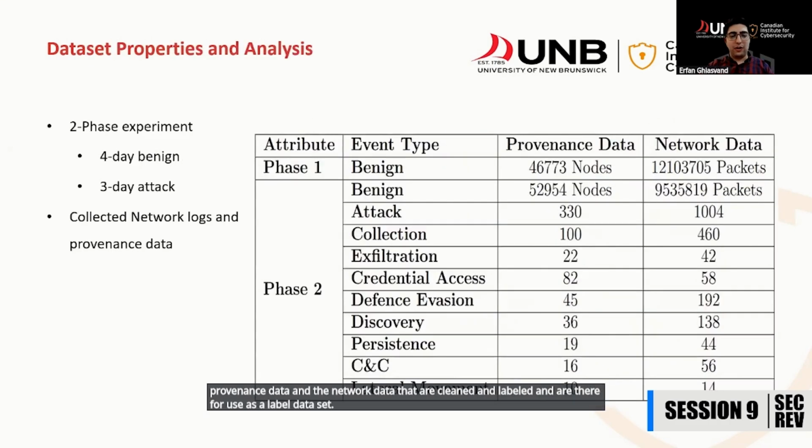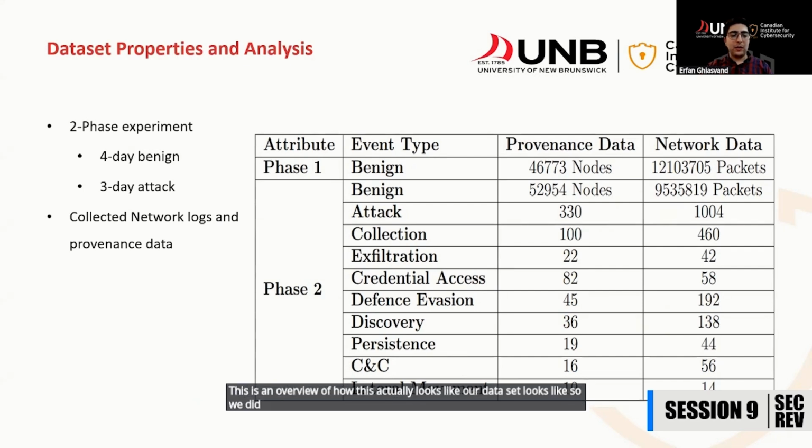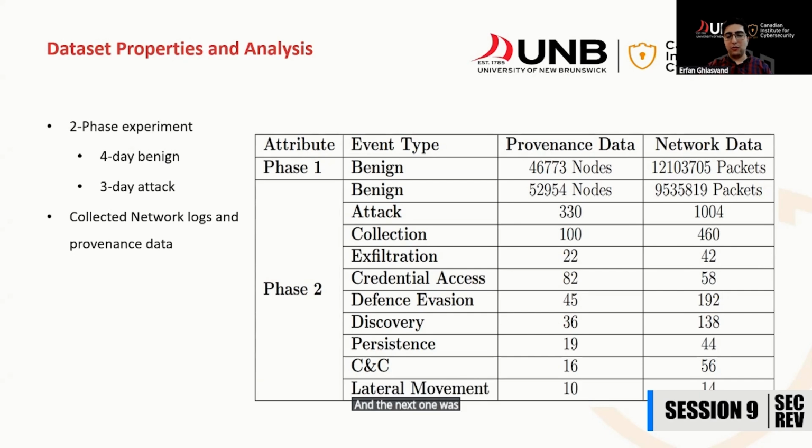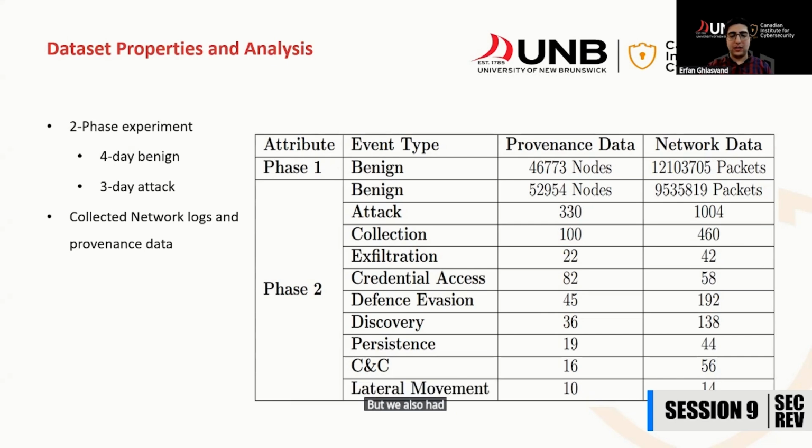This is an overview of how our dataset looks. We had our experiment in two phases. The first phase was 4 days of benign activities, just benign. We didn't do any type of attack in this phase. The next one was a 3-day attack phase. We had a lot of benign packets and benign provenance nodes, but we also had a lot of attacks happening during that phase.